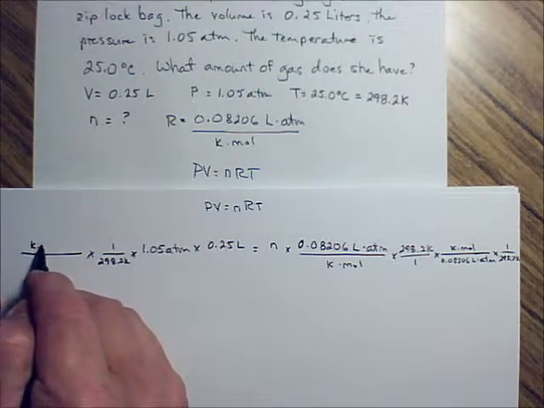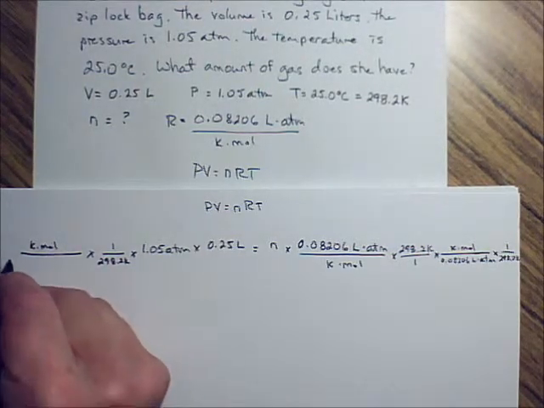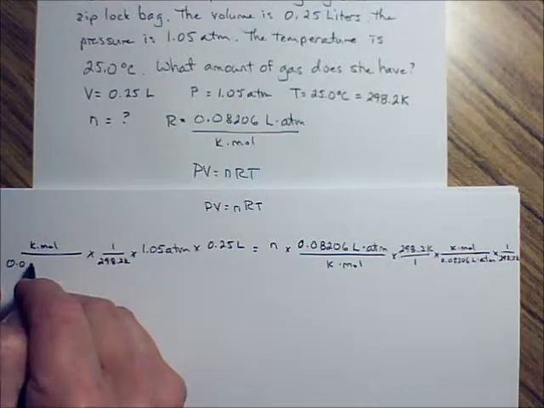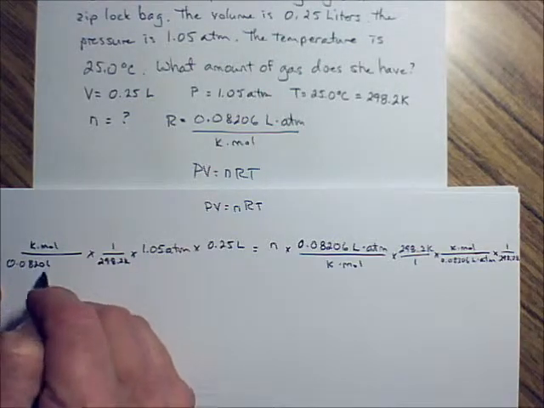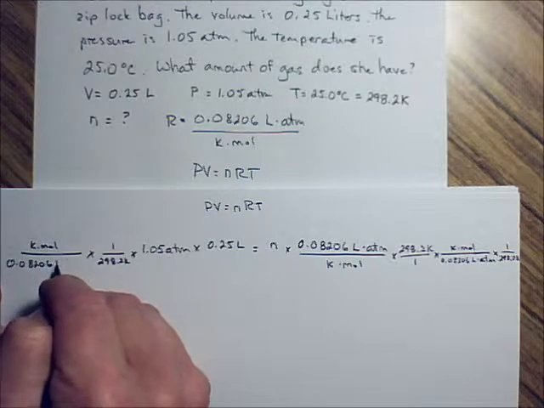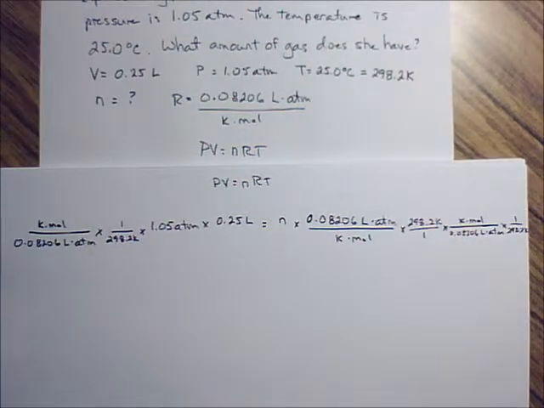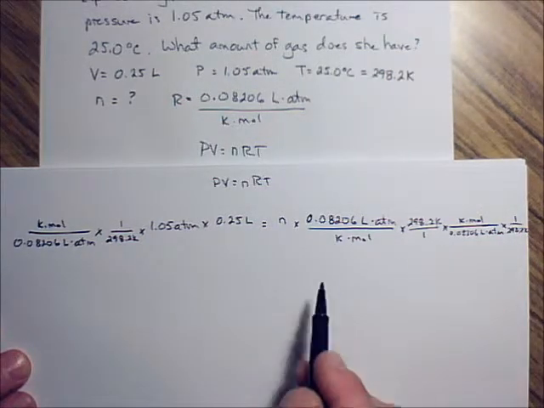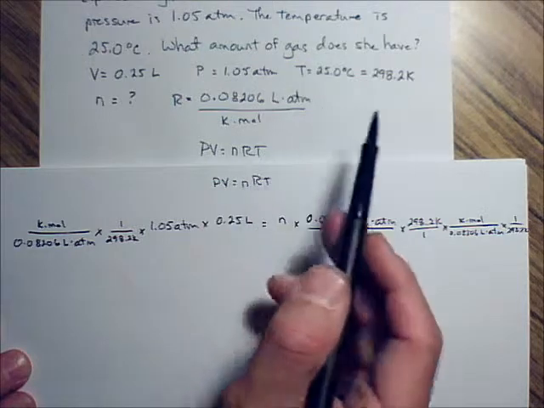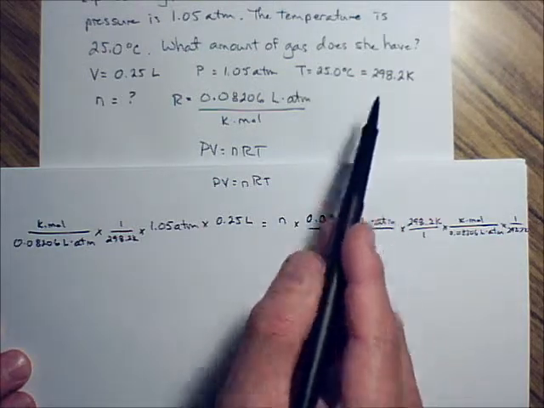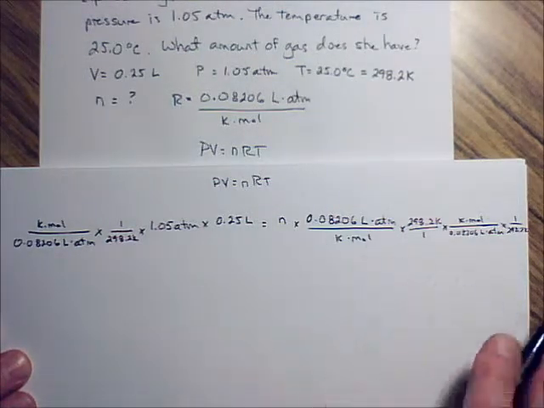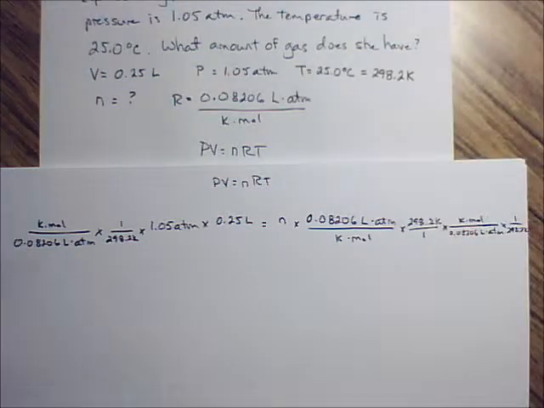That's Kelvin times moles over 0.08206 liters times atmospheres, and 298.2 K, same as right here. Wait a minute, where is it? There it is. And that whole side will cancel out, except the N, which is what we want.